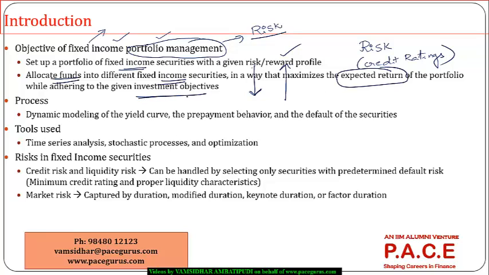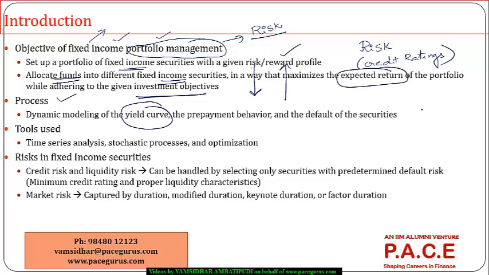And this is where I define my investment objectives, and based on them, the allocation to the various funds happens accordingly. Now, coming to the process of fixed income portfolio management, for the yield curve, there is a dynamic modeling that is required.